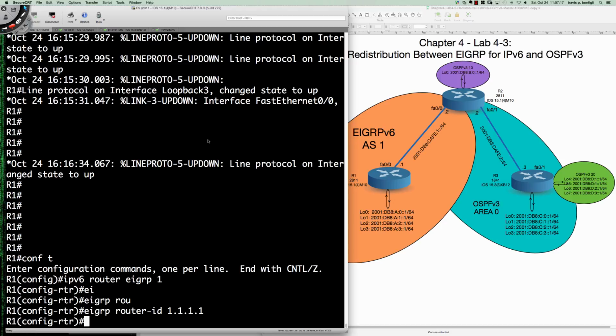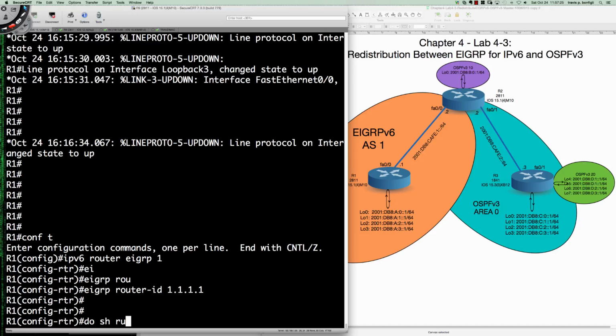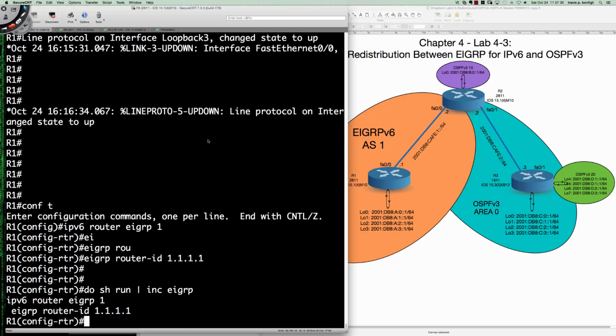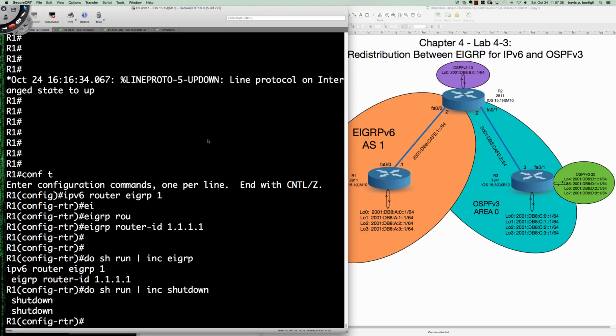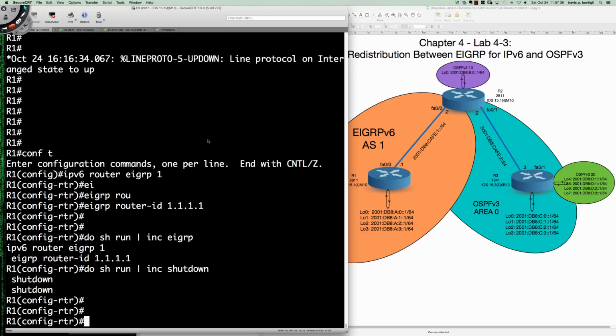Interesting, in the lab, it has us issue the no shutdown command. However, let's see. This is an early release 15.1.4M10. Router 1 is a 2811. So if I were to say do show run and include EIGRP, let's see. It doesn't appear that it's shut down. So do show run include shutdown. So we've got two shutdowns, but neither of them with relation to EIGRP.